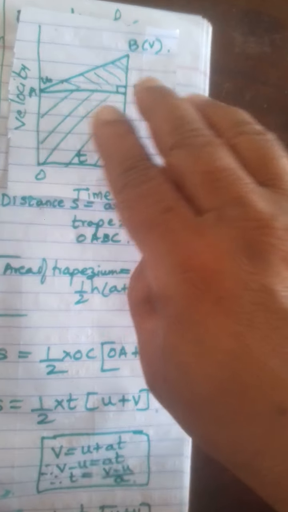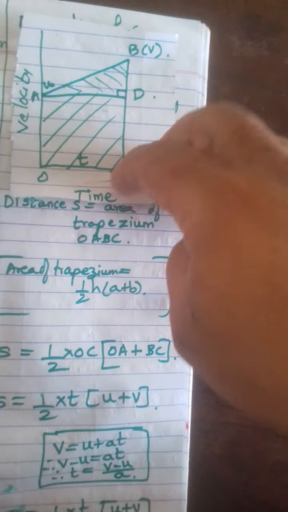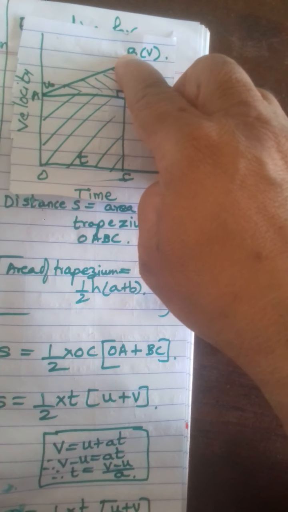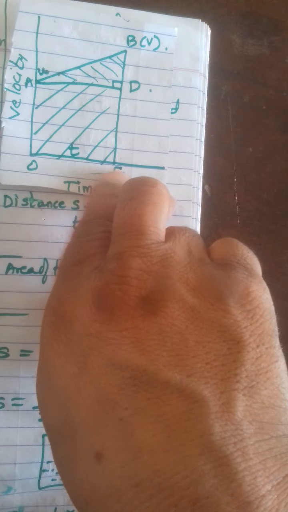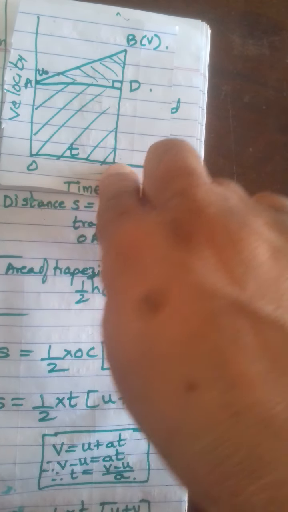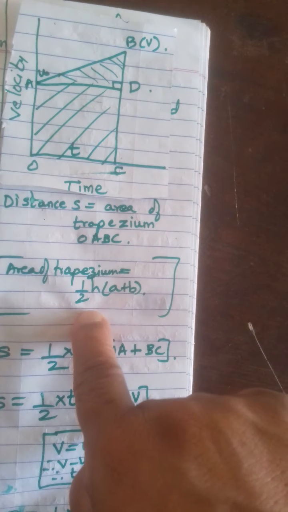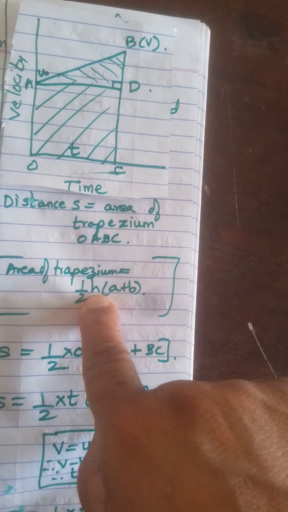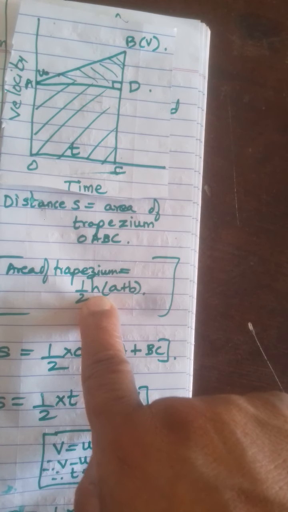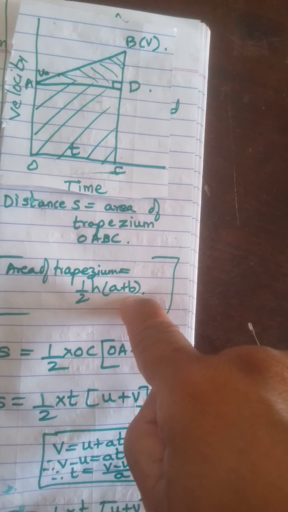In this trapezium OA and BC are parallel lines, and the perpendicular distance between them, that is H, is given by OC. So area of trapezium is equal to half into sum of parallel sides into H. H is the perpendicular distance between the two parallel lines. A and B are the two parallel sides of the trapezium.